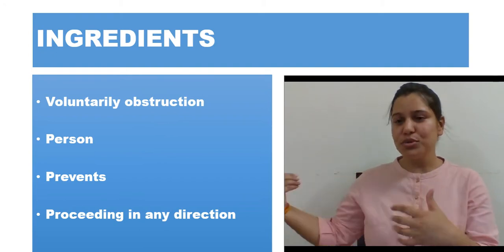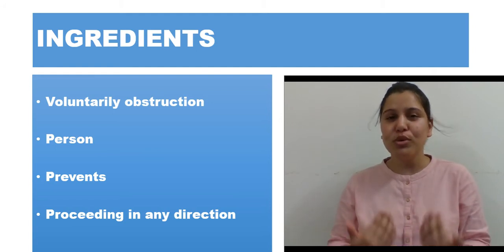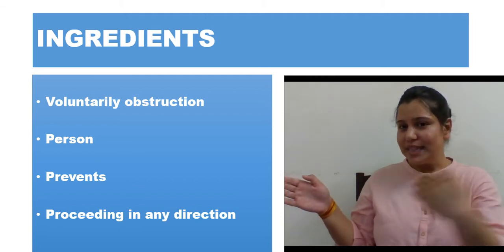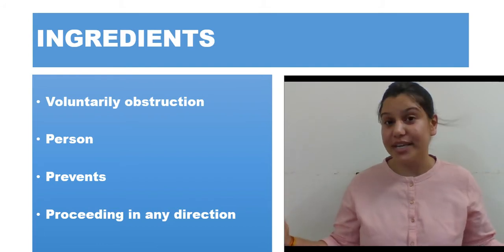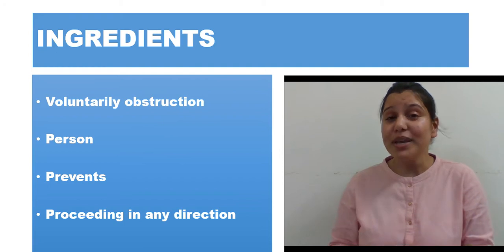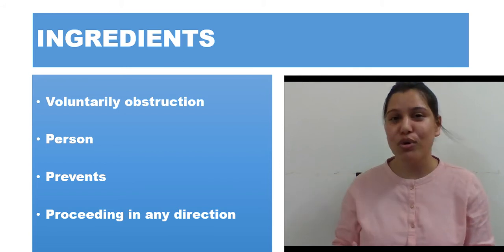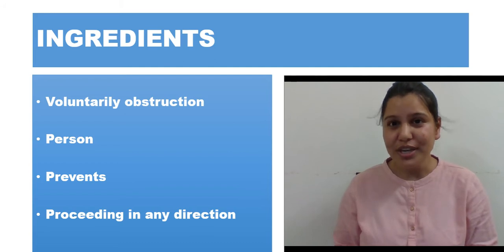Of course you have other directions to go in, but you are being stopped from going in that one direction. Somebody says, no, you cannot go from here. Of course you have the other directions open, but stopping you voluntarily from going in that very direction is wrongful restraint, because you have a right to move, right?